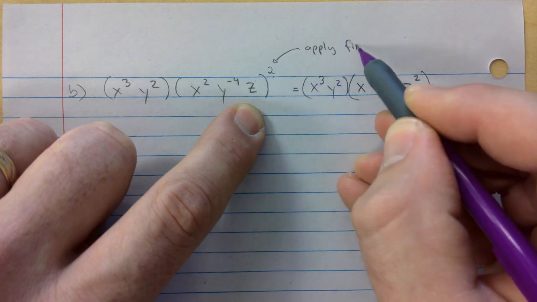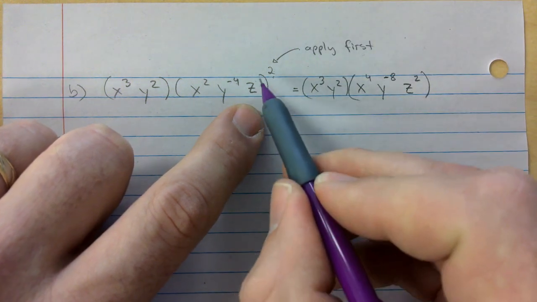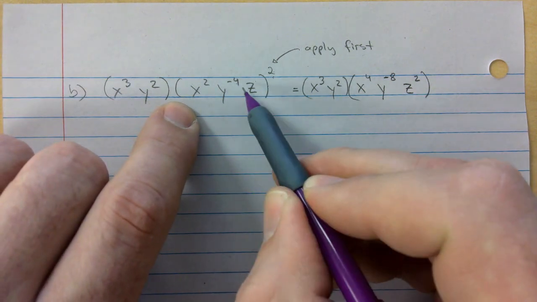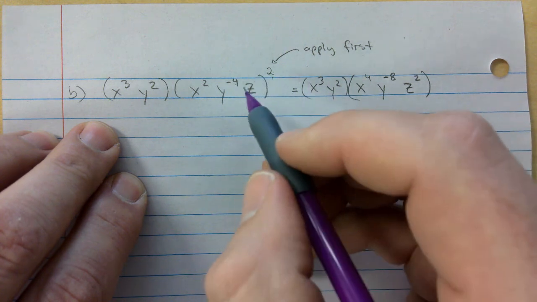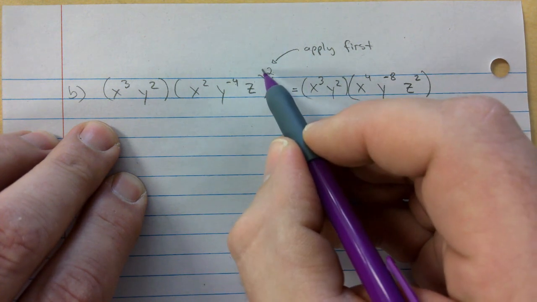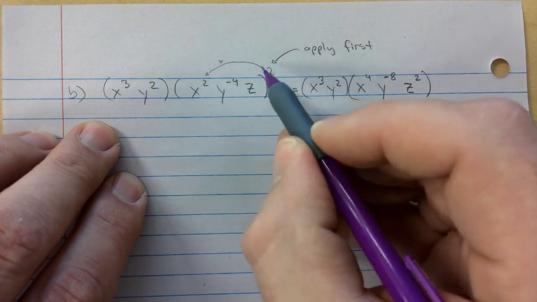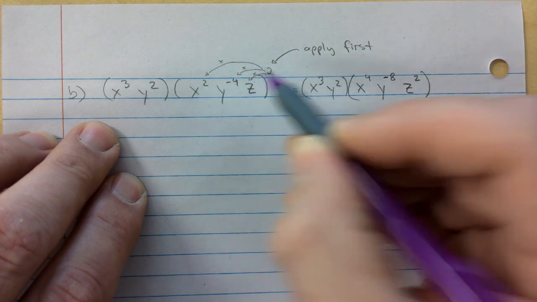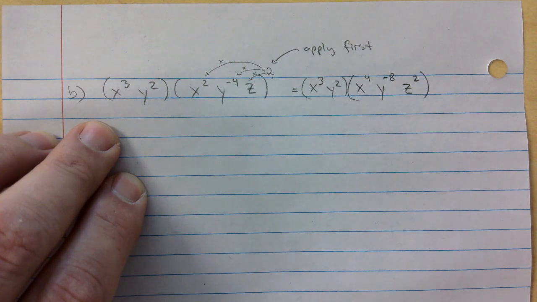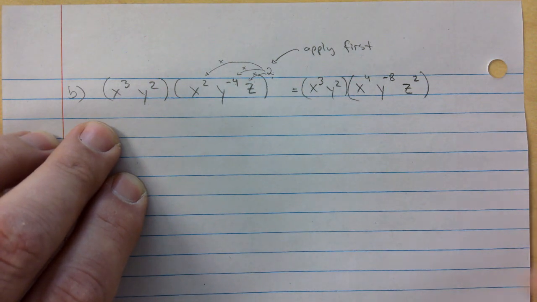Apply first in this case. It's kind of keeping this trapped. You can't do anything with it unless you apply that first. So how about this in your notes? Times, times, times. Okay, that's what happened there.